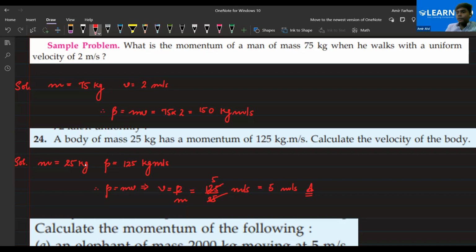So please mention the units while you are writing in physics: meter per second square, Newton, kg meter per second. Clear, everyone? And time is given in seconds.